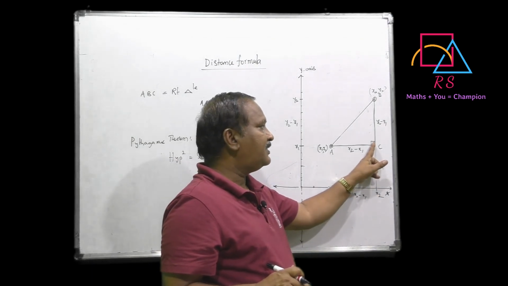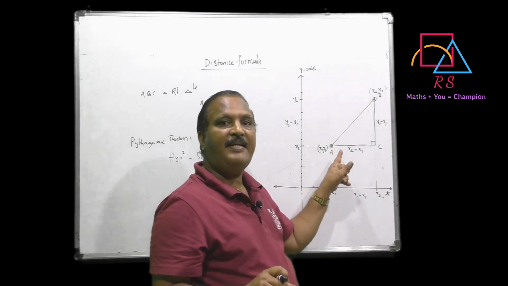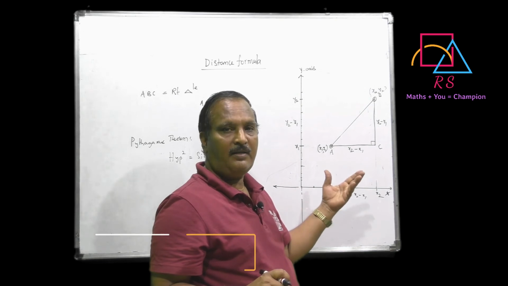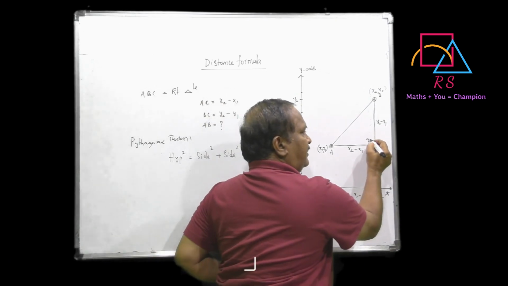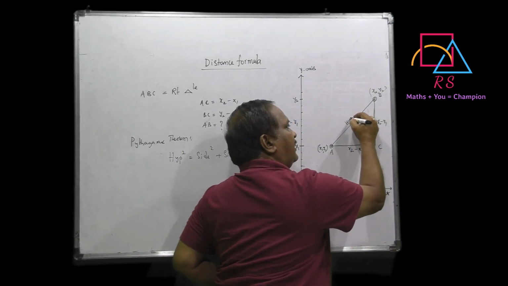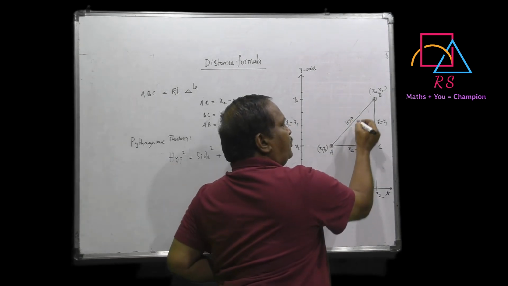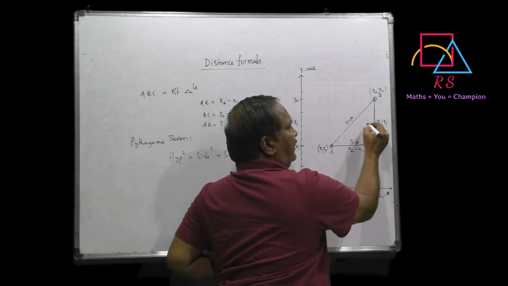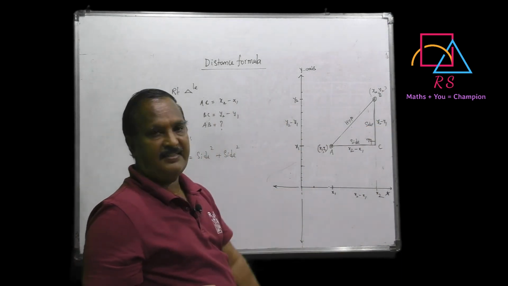Hypotenuse is nothing but the side opposite to 90 degrees, the longest side of a right triangle. So this is 90 degrees and the side opposite to this one we call the hypotenuse. So this is the hypotenuse and these two are sides, this is one side and this is another side. Two sides are there, total 3 sides.